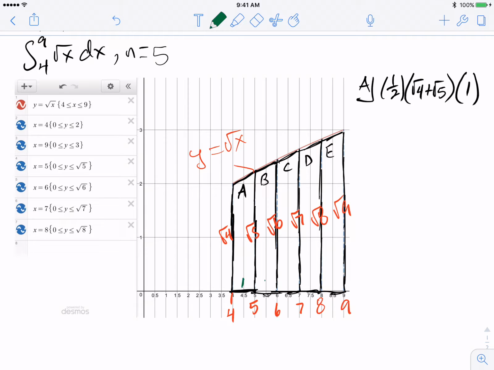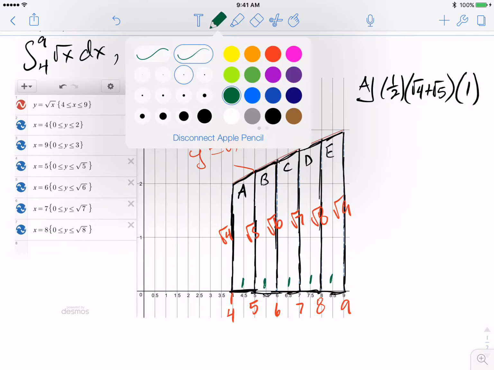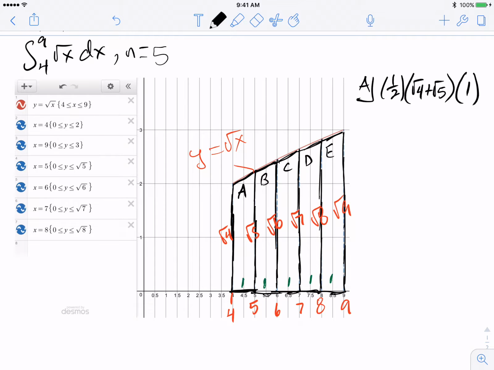Okay, these are all 1. Now, some of you may think, wait a minute, that doesn't look like a trapezoid. And you're right, it doesn't look like a trapezoid that way, but if I put it on its side like this, here's our trapezoid. Okay, we're calling this and this, these are my bases, here's my height.